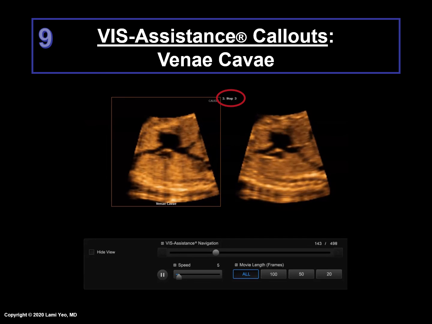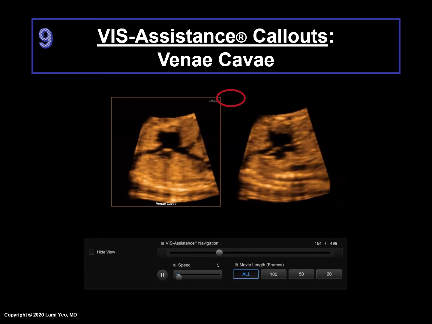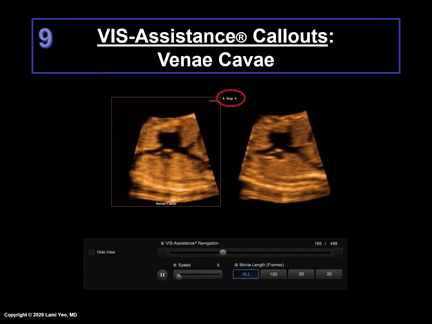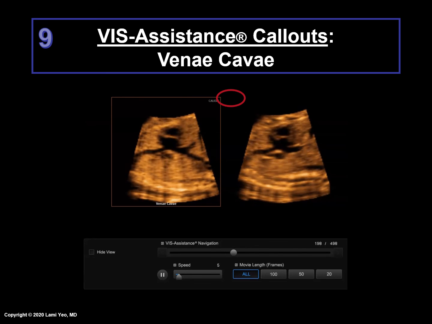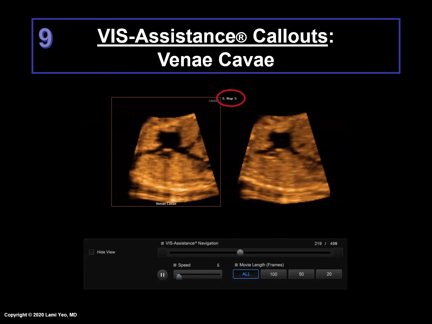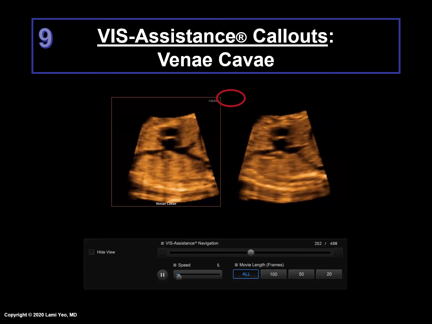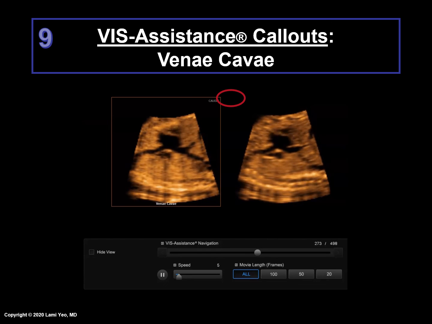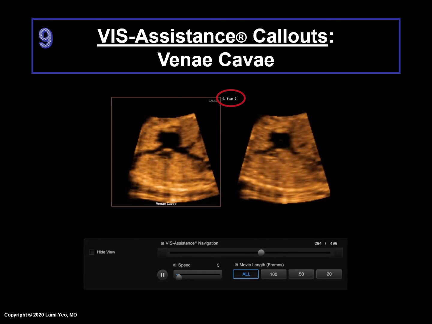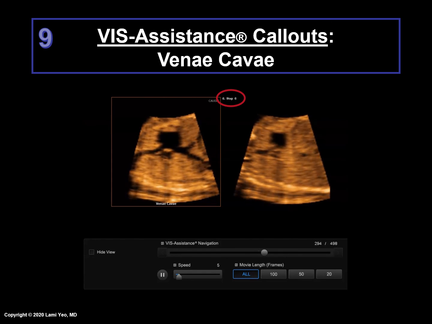Remember that the IVC will appear and disappear throughout the VISA video clip. The fourth callout states Step 4. The fifth callout states Step 5. The sixth callout states Step 6.